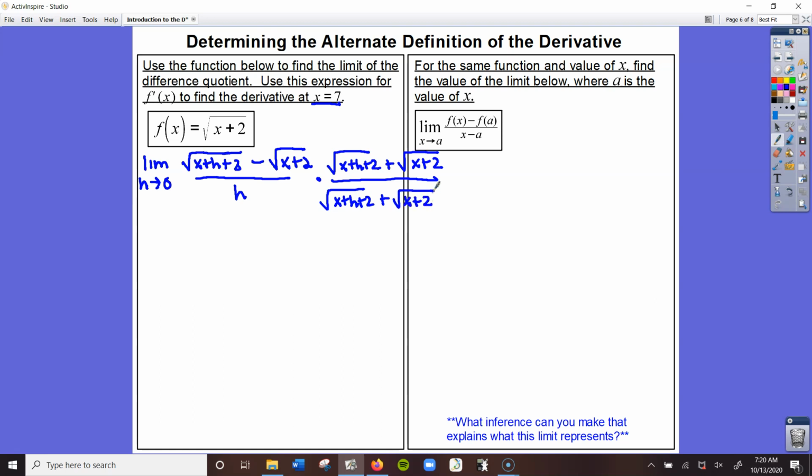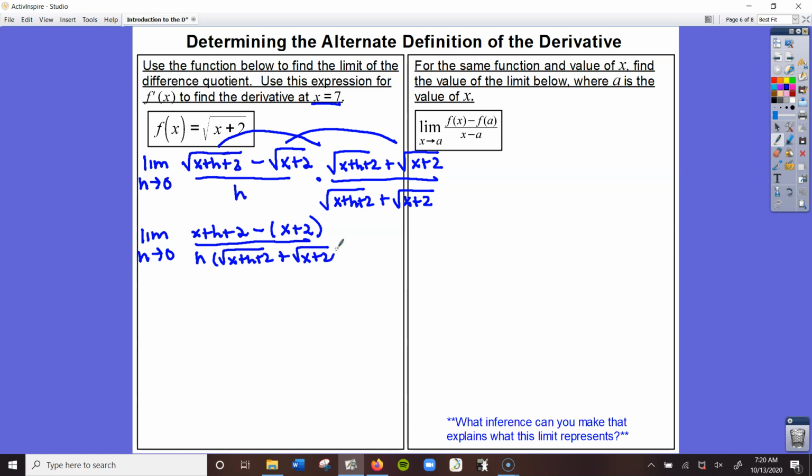Now, when you're multiplying conjugates, remember that those middle terms always cancel out. So I can just multiply the first with the first and the last with the last if you want to take a little shortcut. So the limit as h is approaching 0. What we would end up with in the numerator would be x plus h plus 2, since the square roots would cancel, minus x plus 2, since those square roots would also cancel, all over h times the square root of x plus h plus 2 plus the square root of x plus 2.